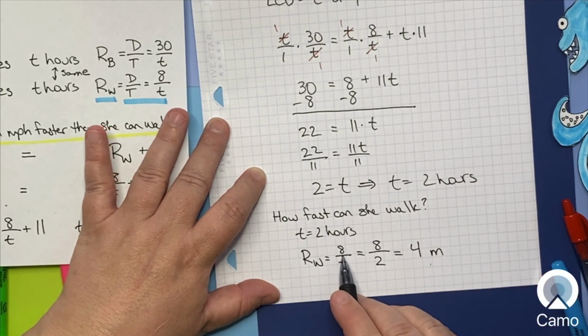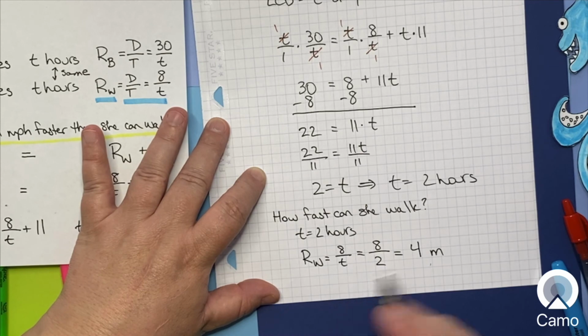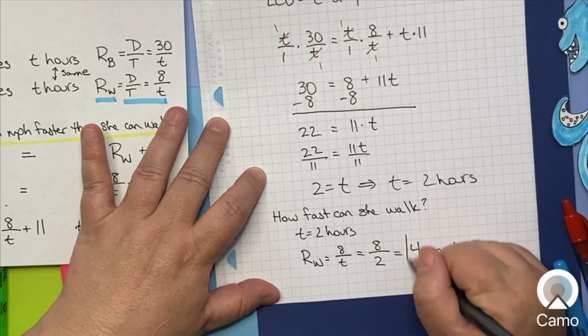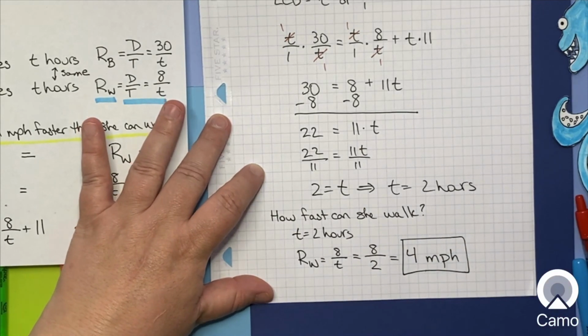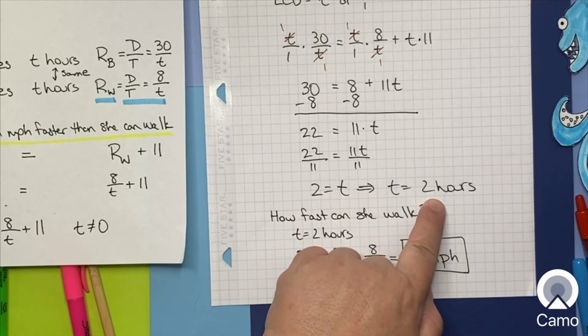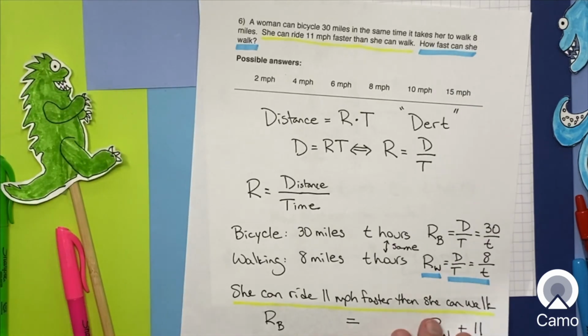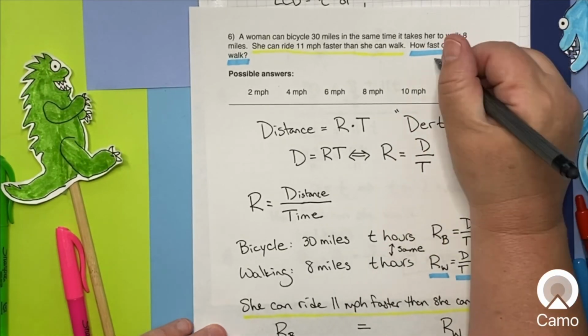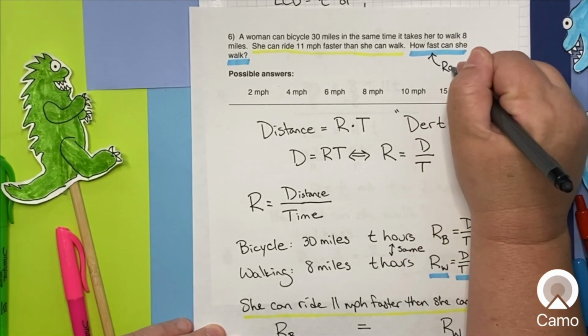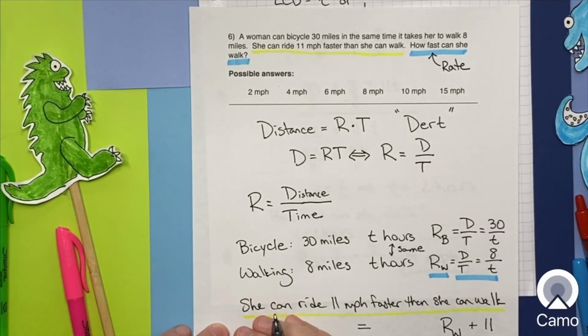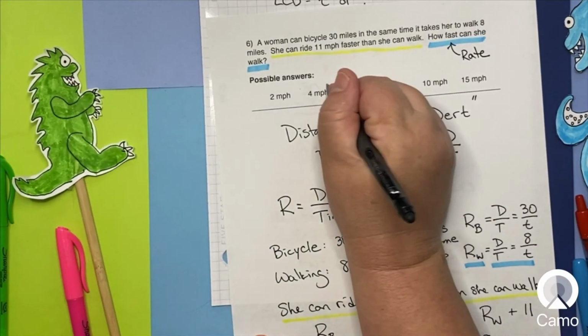Remember, 8 was miles, t is hours, so miles per hour. So there's an extra step. You can't stop here. Why not? Because this gives you the time, and the problem asks for a rate. So 4 miles per hour.